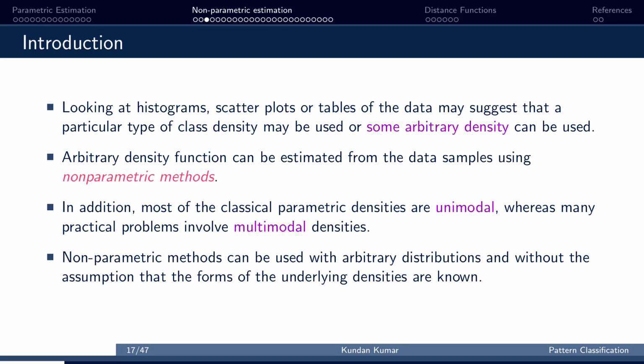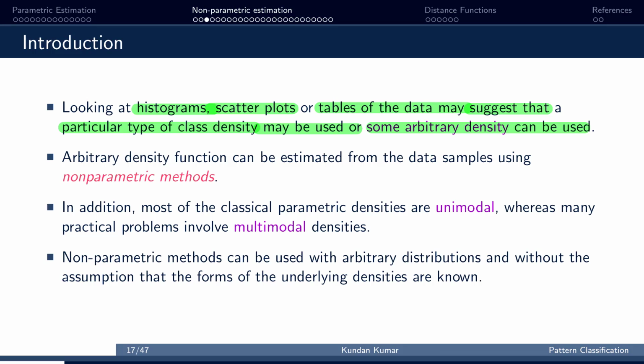Okay. So in that case, we will use the data samples, and we will look at the histograms, scatter plot, and tables of the data samples, and that will suggest that a particular type of class density may be used or some arbitrary density can be used.